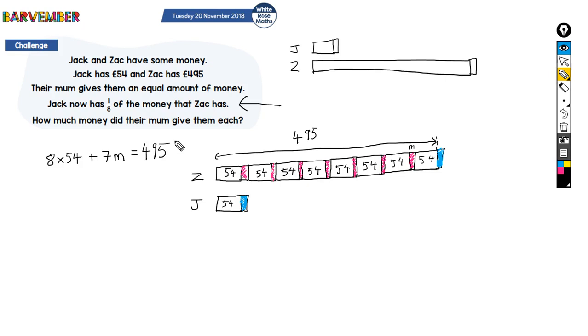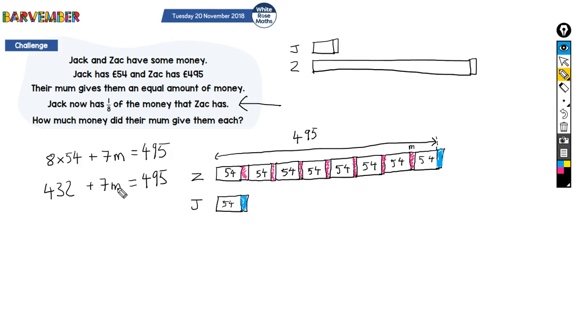Okay, so we need to figure out what 8 times 54 is. I'm going to cheat here offline. So 8 times 54 gives me 432. So 432 plus 7M equals 495.